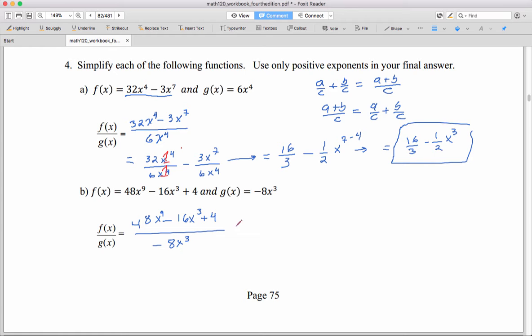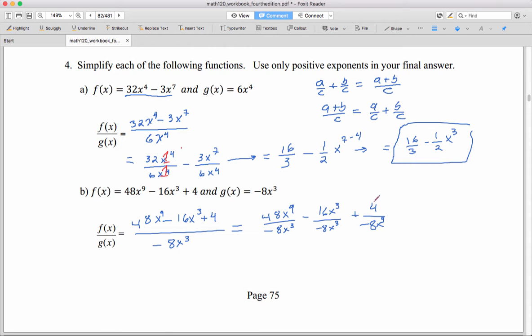So we're going to break that fraction up as 48x to the 9th divided by negative 8x cubed minus 16x cubed over negative 8x cubed plus 4 over negative 8x cubed. Okay, now we have three little subproblems.